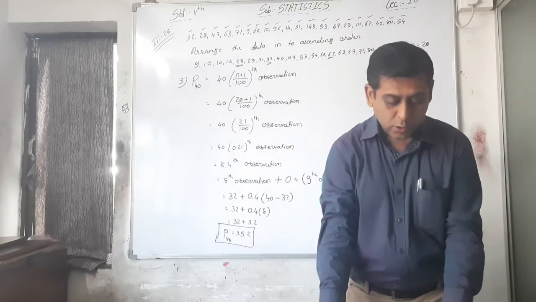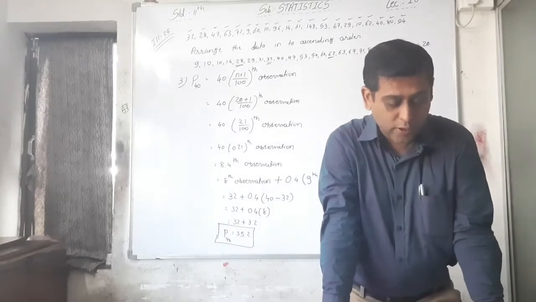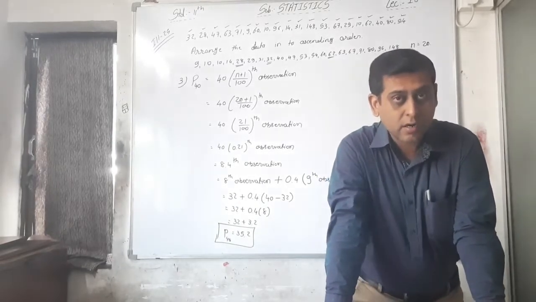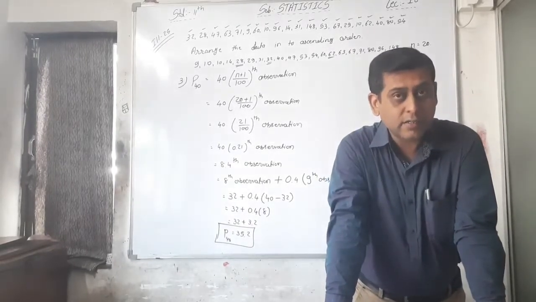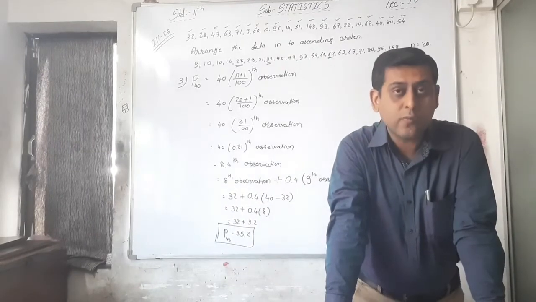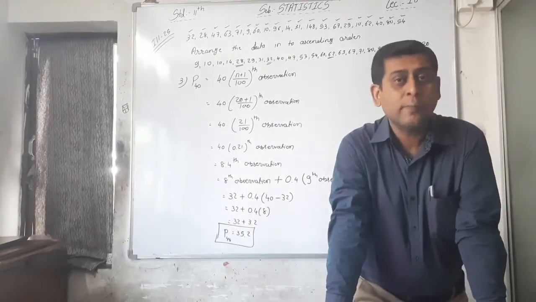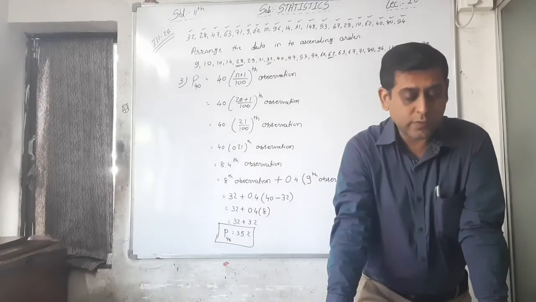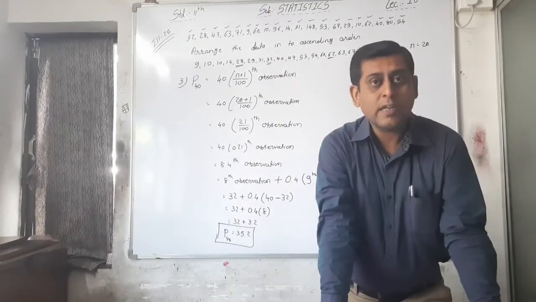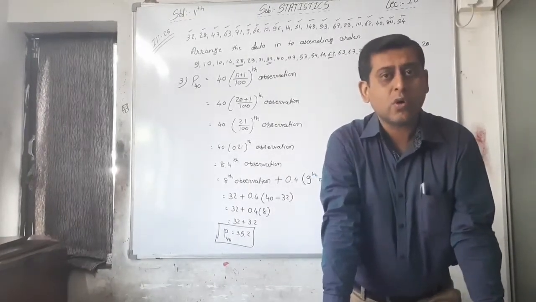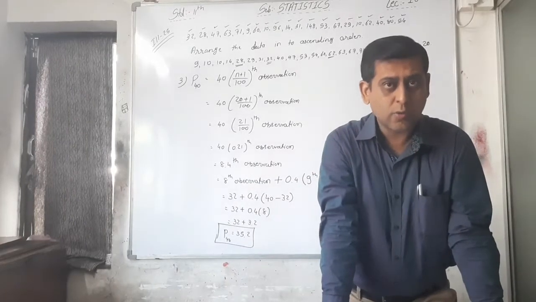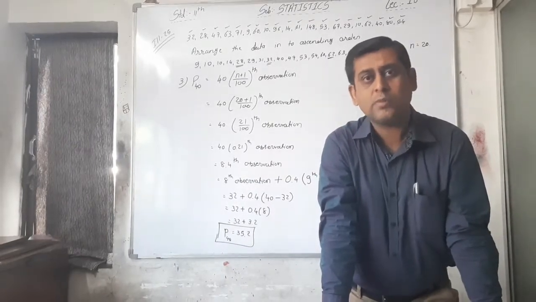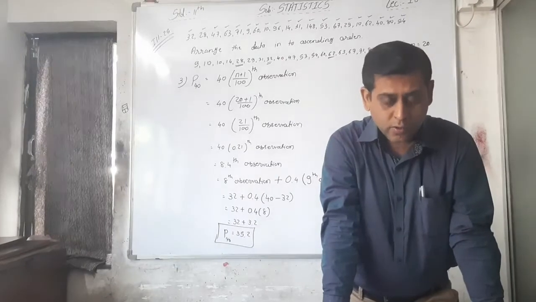So here you have to write the question first. See the milk content, that is the class, is given, number of bags, that is the frequency, is given. In this type of sum, whenever you have to find out the median, quartile, decile and percentile, you have to just make one extra column, that is cumulative frequency, right?